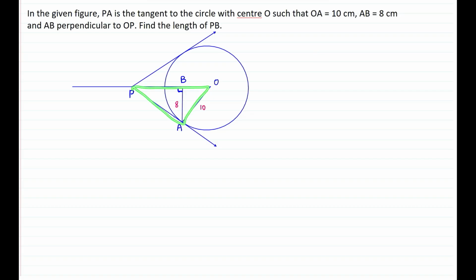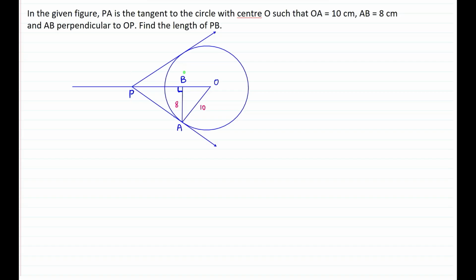So you have angle O equal to angle O, angle B equal to angle A. Therefore the AA criterion is satisfied, and we can call the two triangles similar. When two triangles are similar, we get ratios, and with the ratios we can get the answer for this question.